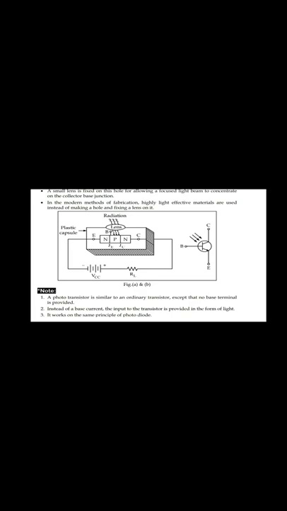It is a normal transistor whose base terminal is open. And the emitter collector junction we have to apply reverse bias with the load RL. So all is similar to the normal transistor, but it is enclosed in one plastic capsule with an opening at the junction.